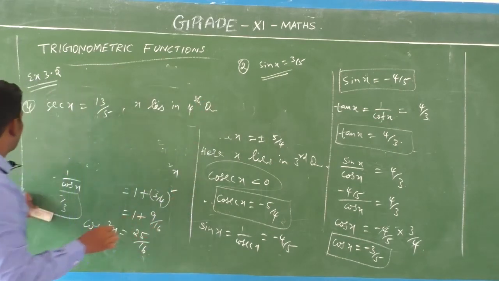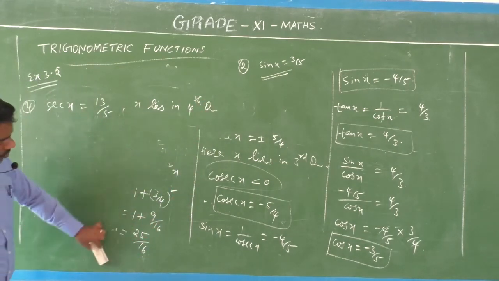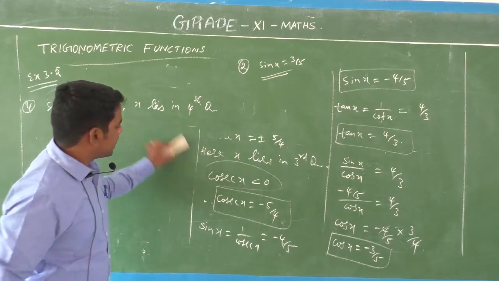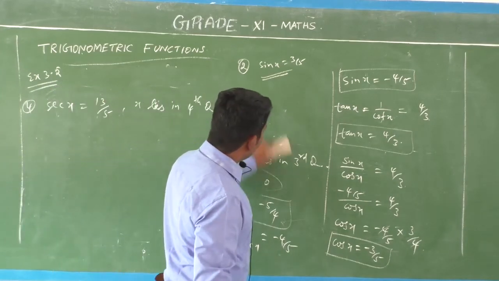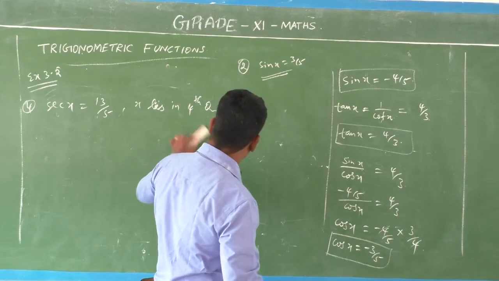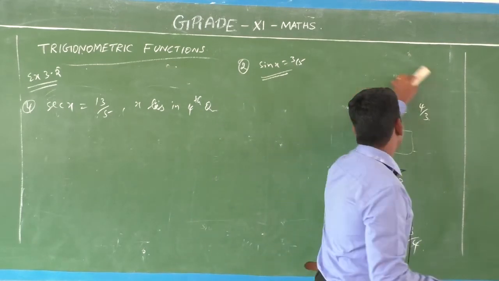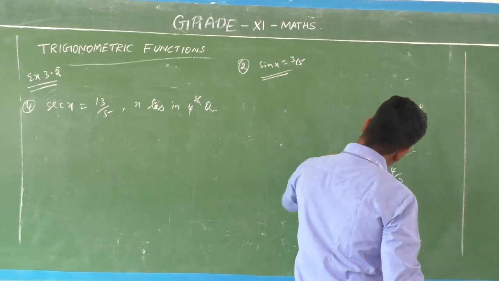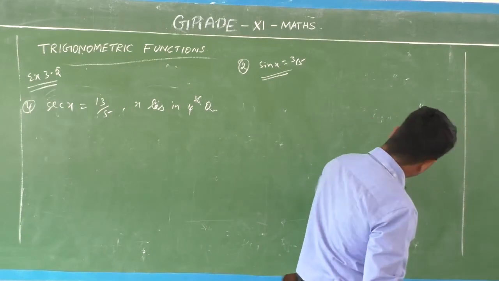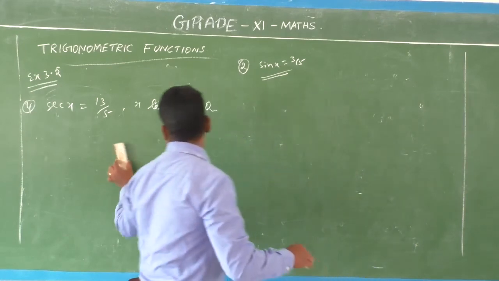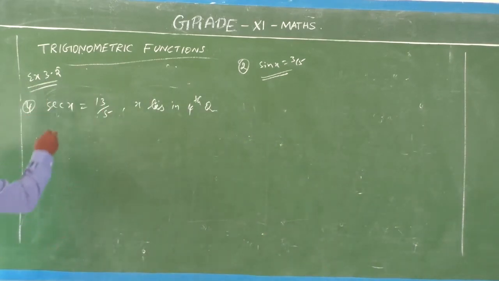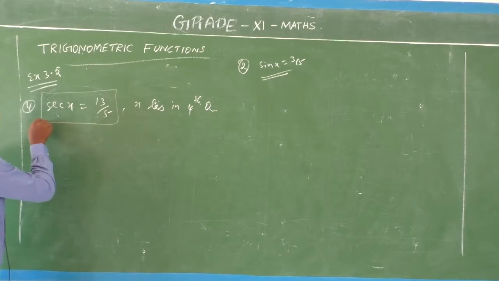Find other trigonometric ratios. Given information, secant x value, then find the other 5 trigonometric ratios: sin, cos, tan, cosecant, and cot value. First of all, given information is secant x value. Secant x is 13 divided by 5.